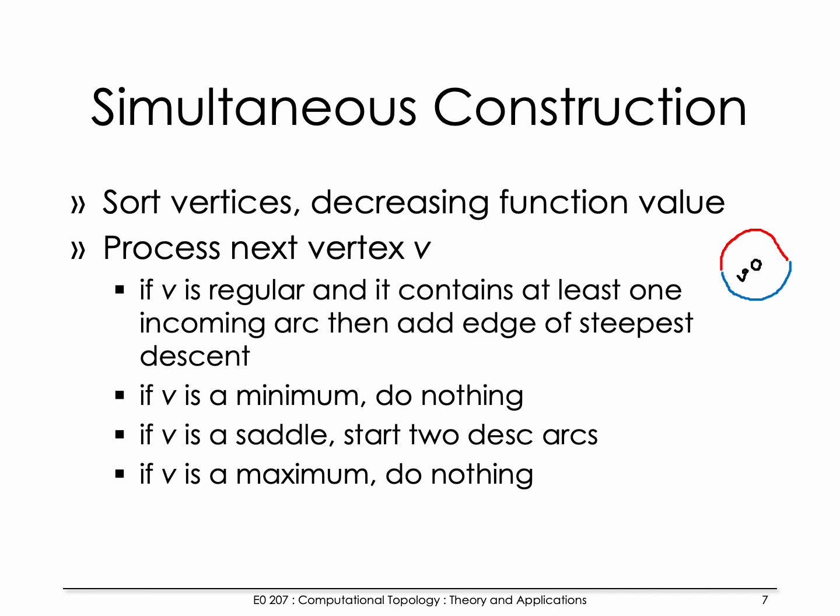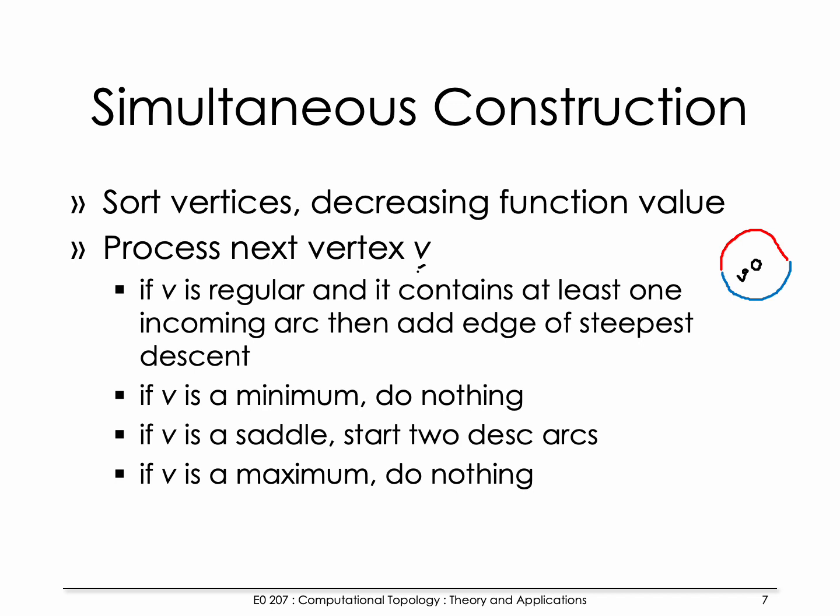The way this algorithm works is that it processes the vertices in decreasing function value, and the processing depends on the type of critical point. And once we are done processing all the vertices, we would have constructed the Morse complex.